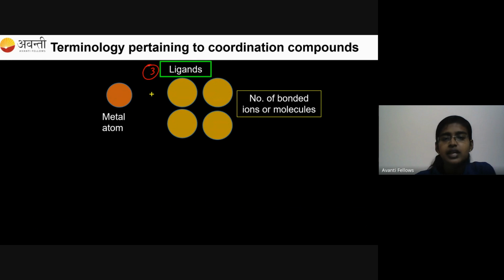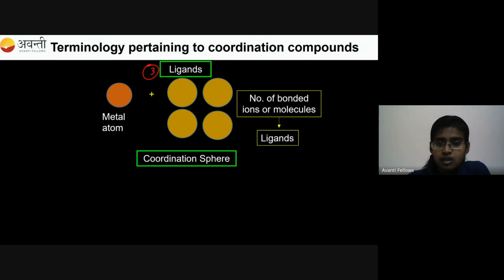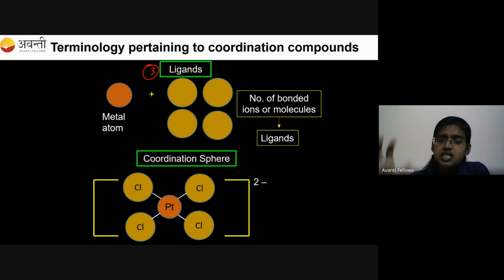Okay. So in the complex, we have the metal atom and a number of bonded ions and molecules. Those are nothing but the ligands. And the fourth term is coordination sphere. Coordination sphere is more or less similar to coordination entity.